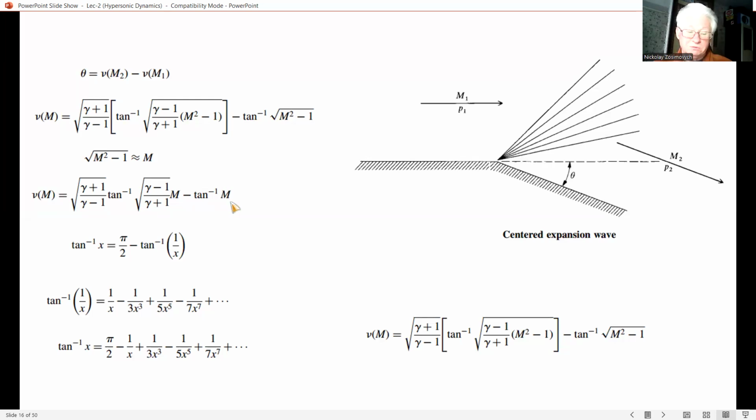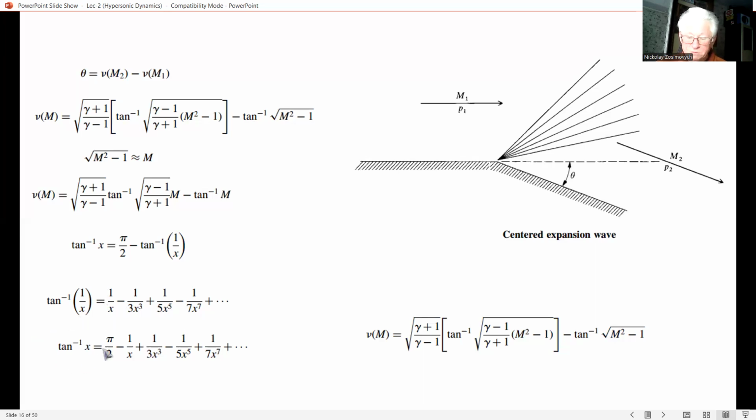Recalling the trigonometric identity, we know that the inverse tangent of x gives us half pi minus the inverse tangent of 1 over x. And combining the equations with the previous one for the inverse tangent of 1 over x, we get this expression, right?